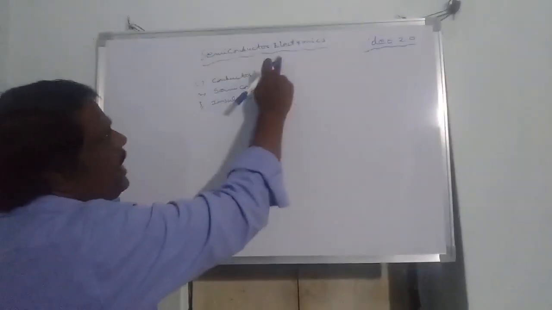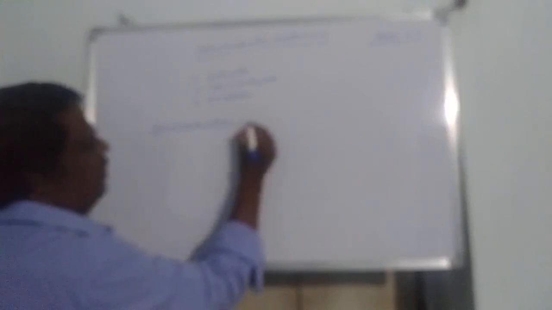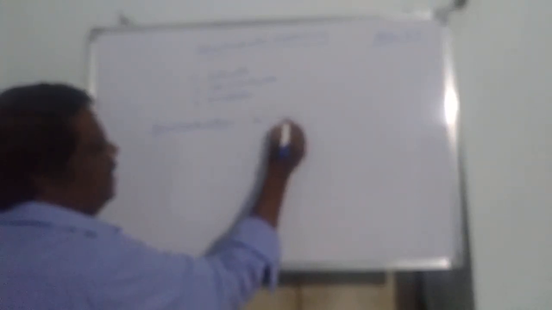But today our topic is semiconductors. So what are pure semiconductors? We have already discussed just now. The best examples of pure or intrinsic semiconductors are silicon and germanium, both tetravalent.